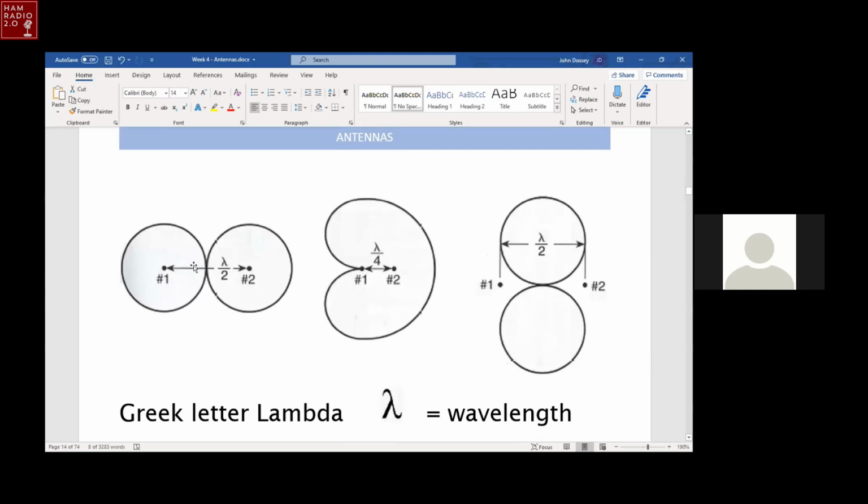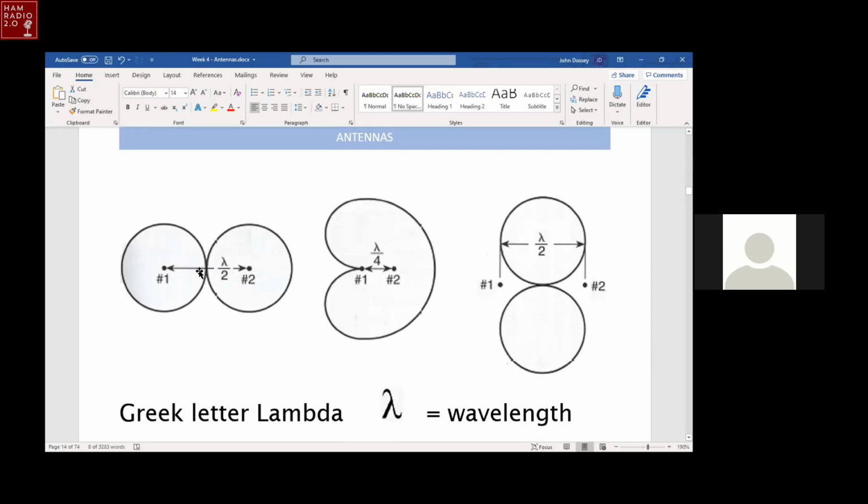And so coming out of that is a figure 8 pattern where there's nulls off to the side, perpendicular to the line between the two quarter wave verticals. And the most radiation will be off the ends, looking out from the ends of that 2-element array.